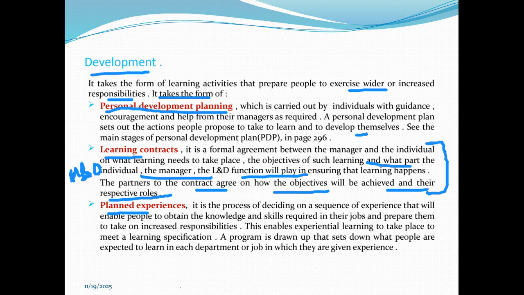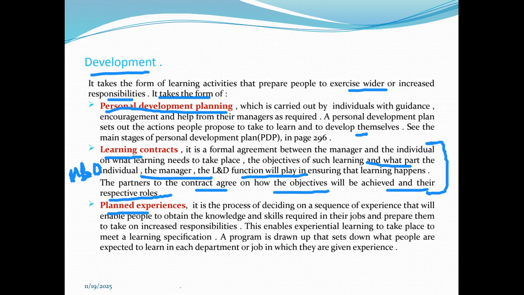They probably also link it with high performance, and with financial incentives. So this is jointly designed learning objectives by the supervisor and the subordinate.